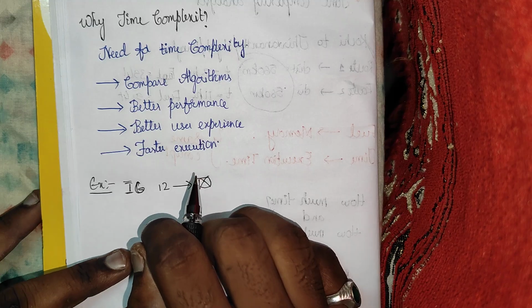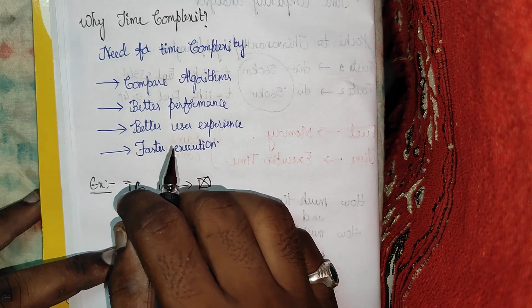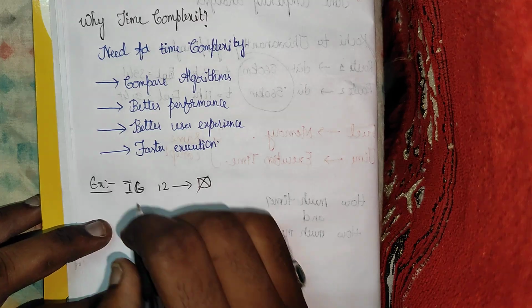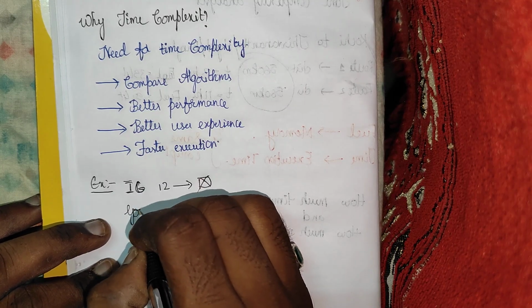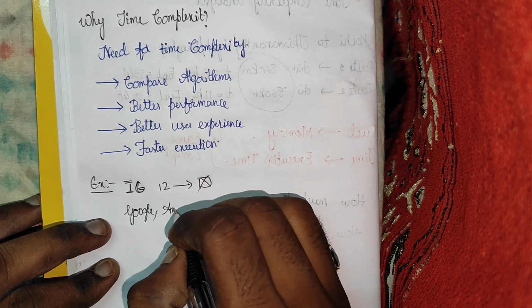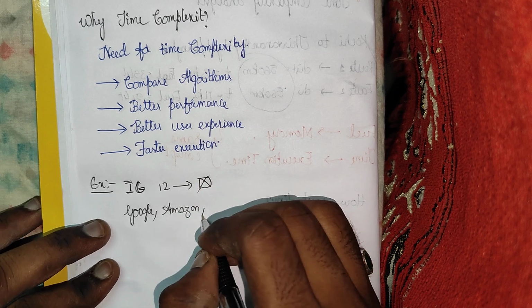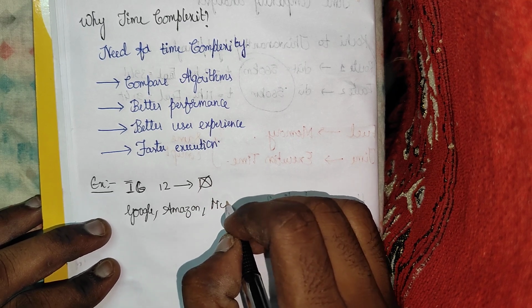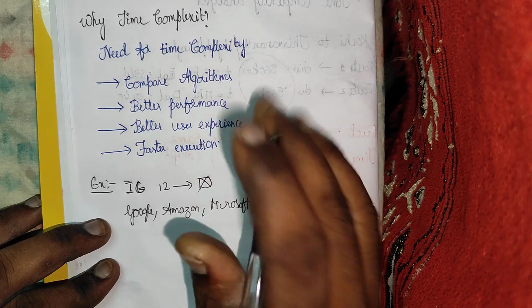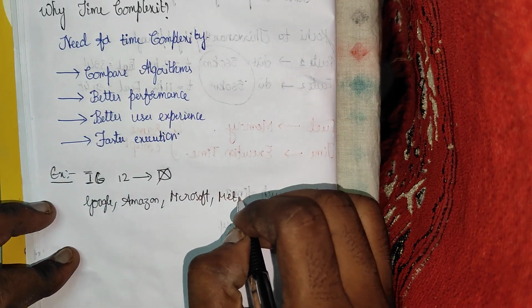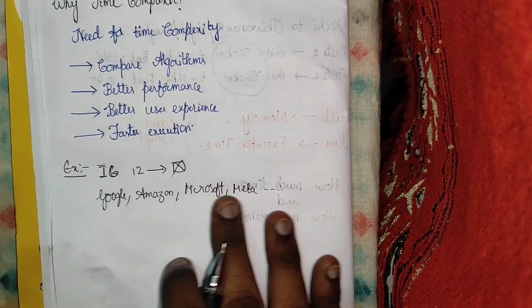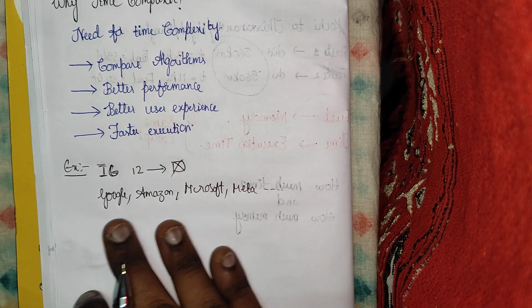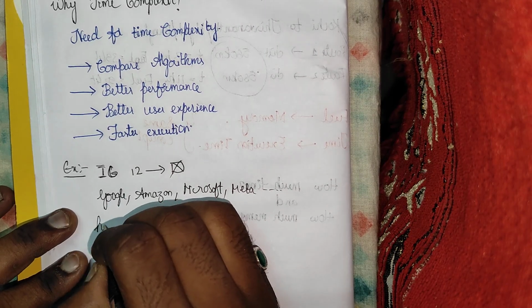Companies spend crores of rupees making algorithms faster. That is why big companies like Google, Amazon, Microsoft, Meta, etc. all hire algorithm engineers.